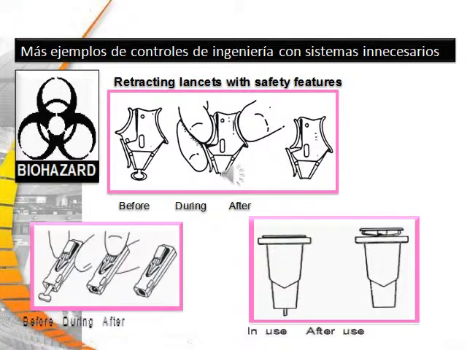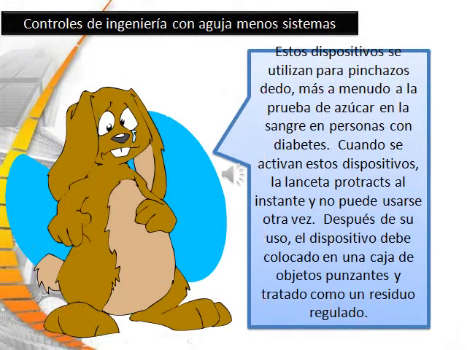Here we can see more examples of engineering controls with needleless systems, such as retracting lancets with safety features. These are devices used for fingerprint pricks, most often to test blood sugar in people with diabetes.